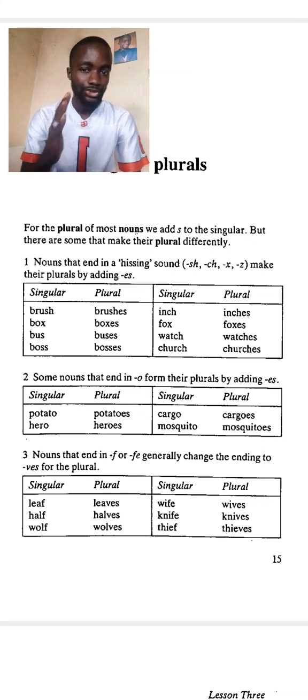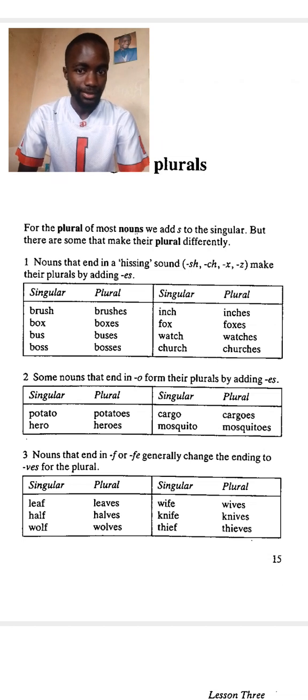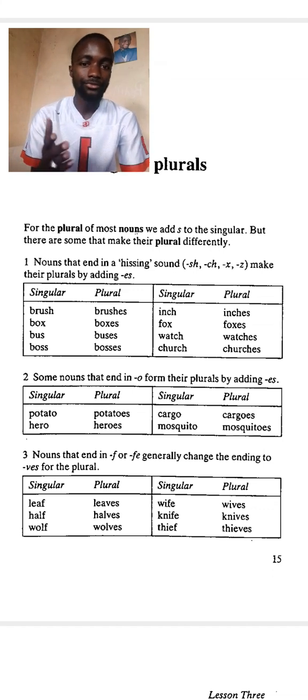Now, moving to our third rule. It says nouns that end in F or FE generally change the ending to VES for the plural. Is that clear?